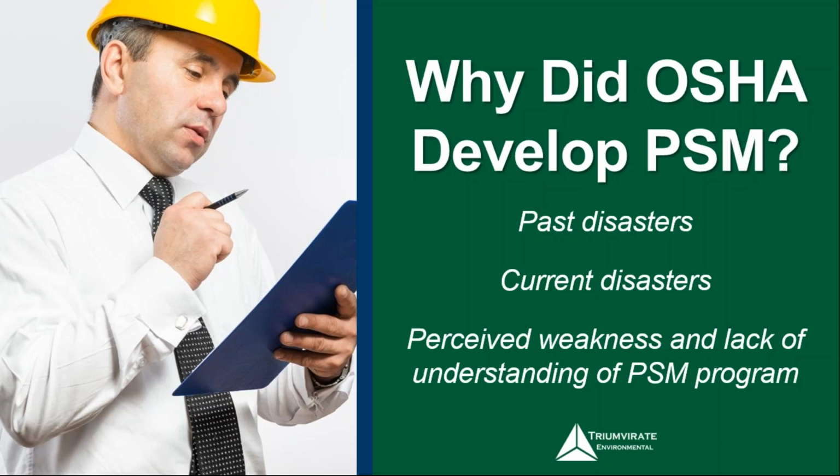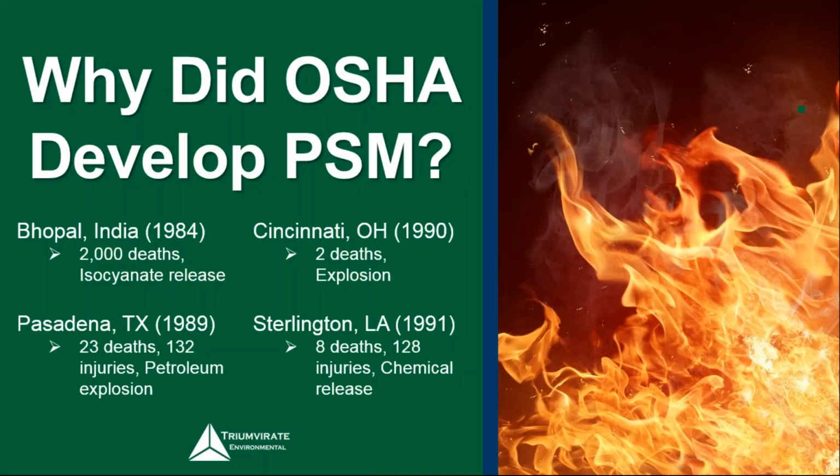As well as they revised some of this standard or put the National Emphasis Program in because they perceived that there was some weakness within the program. So in order to flex their muscles, if you will, they decided to say, all right, let's really push this so that people understand it and will hopefully do more with it.